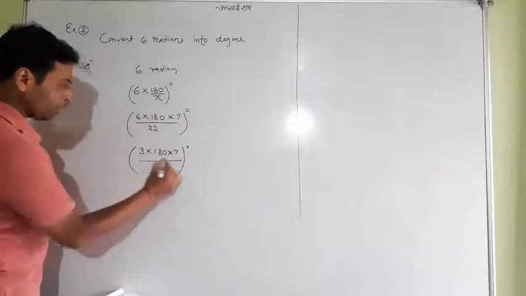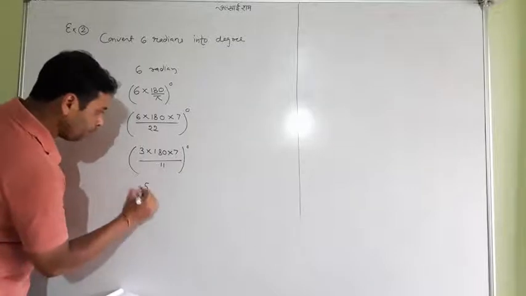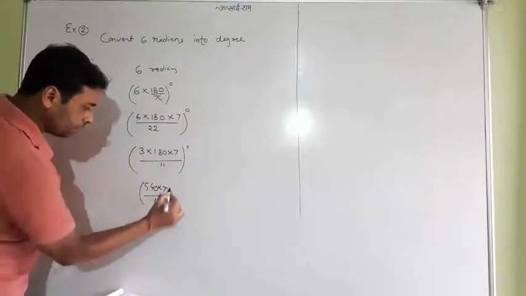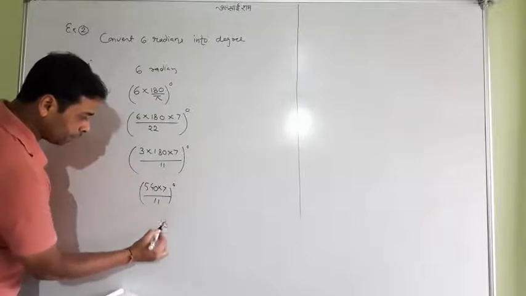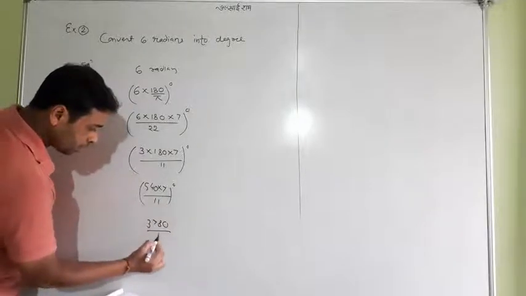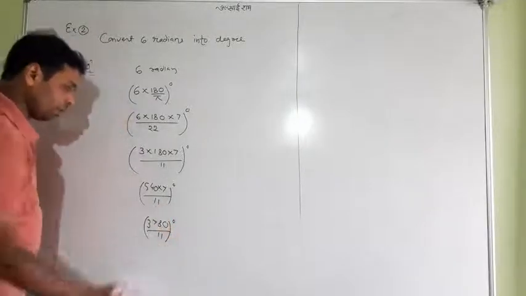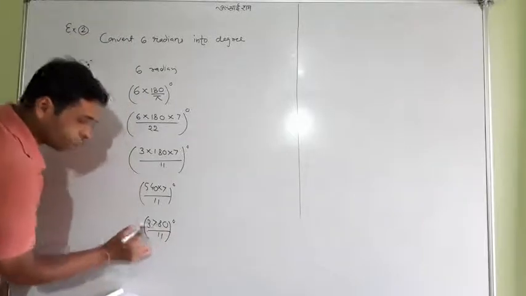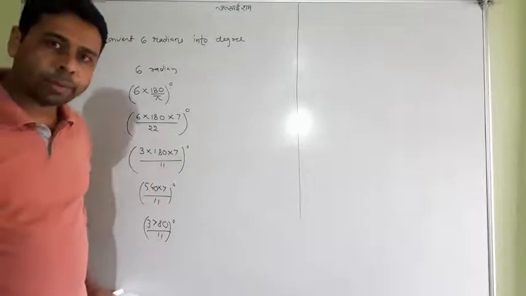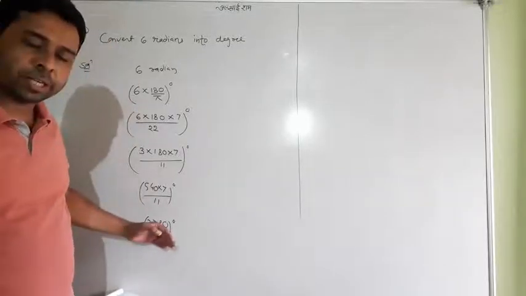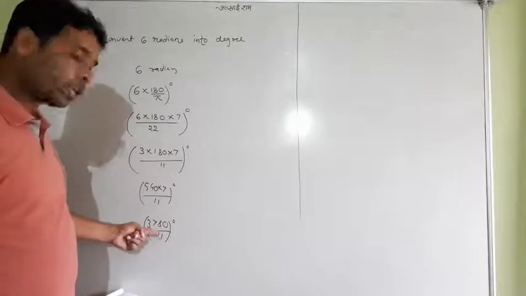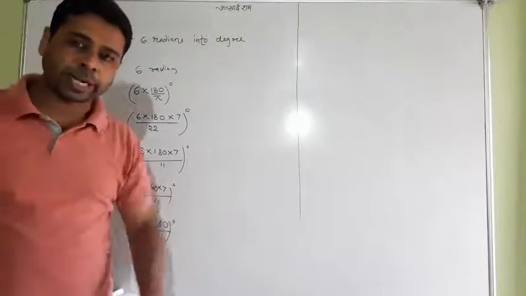I'll multiply all the terms, that will be 540 into 7 upon 11, and after multiplying by 7, this is 3780 upon 11 degrees. But you remember that whenever the degree is in fraction, it is not called the exact answer. We will divide and convert it finally into minutes and seconds as far as possible.